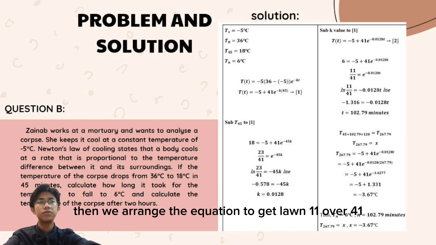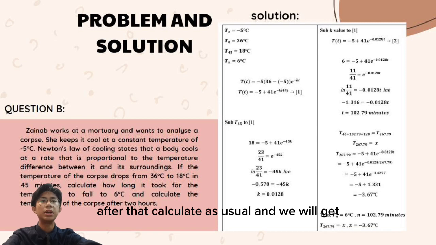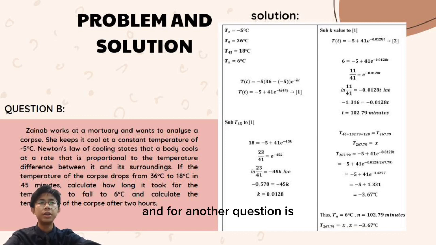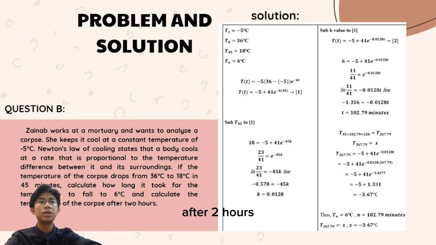Rearrange the equation to get ln 11 over 41 equals negative 0.0128 T ln exponent. After that, calculate as usual and we get Tn equal to 102.79 minutes.